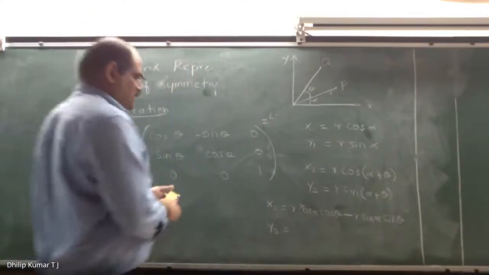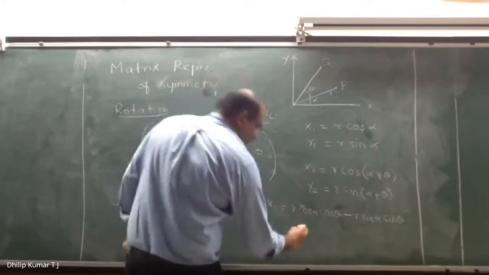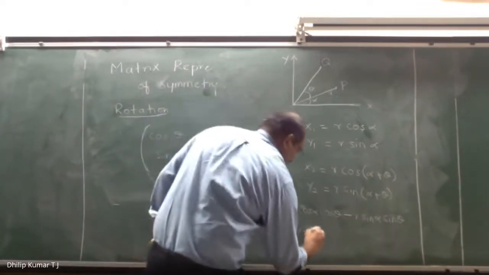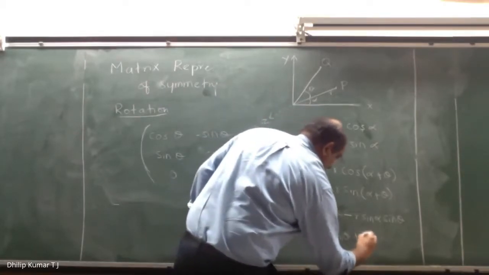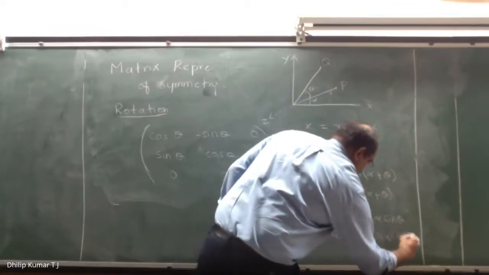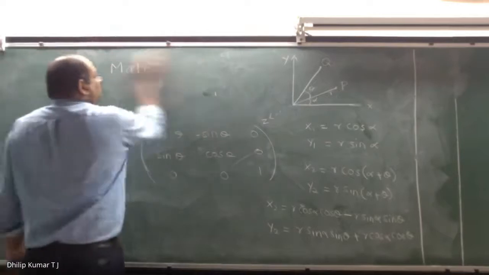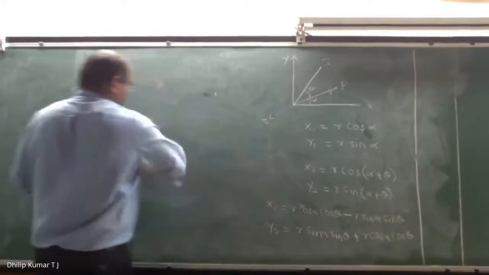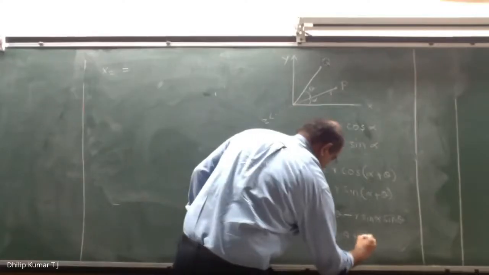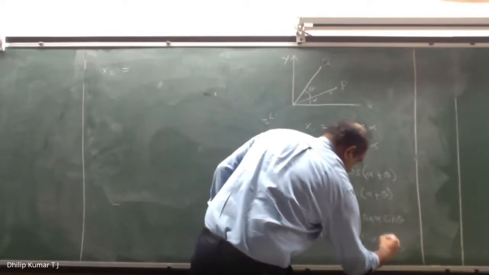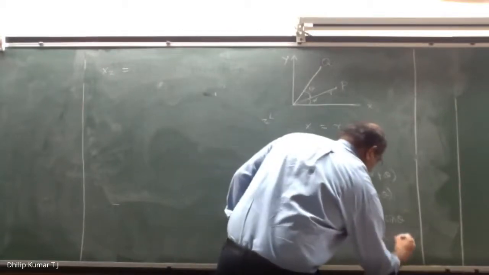Similarly, expand sin(a plus b), which is sin a cos b plus cos a sin b. That is the sin(a plus b) formula.